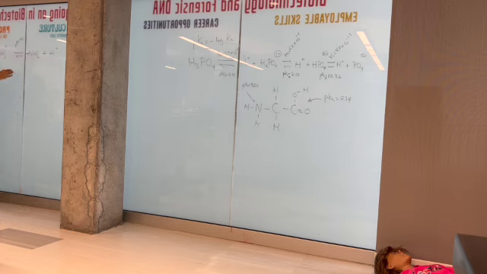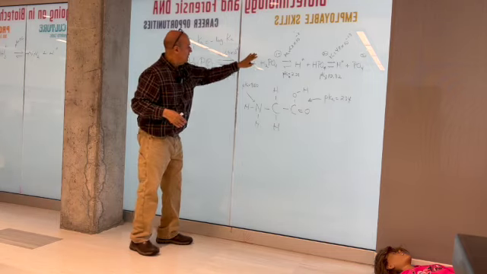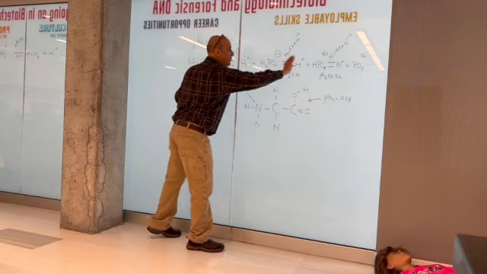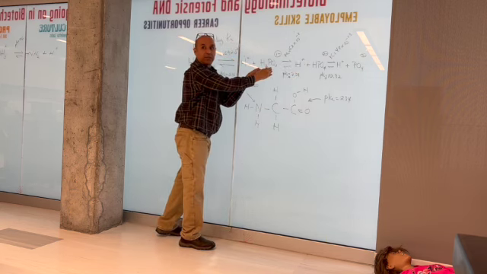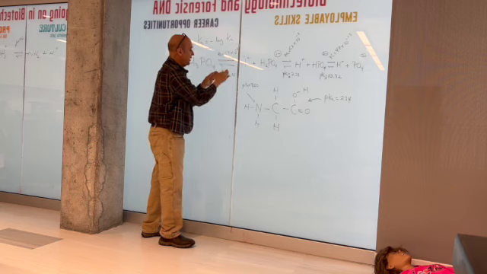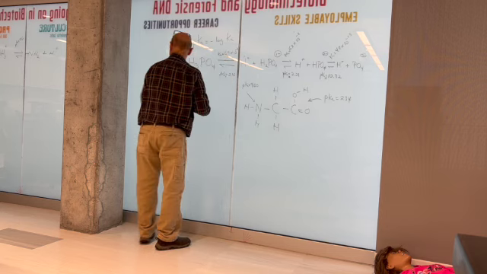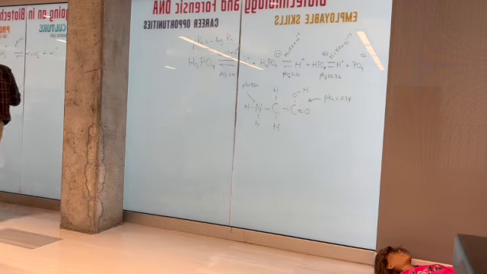So let's identify the acid and the conjugate base, okay? So that we can relate it to this. So in this drawing, if we ignore the rest, this is the acid and this is the conjugate base, right? And here is the pKa. So over here, this is the acid and this is the conjugate base.